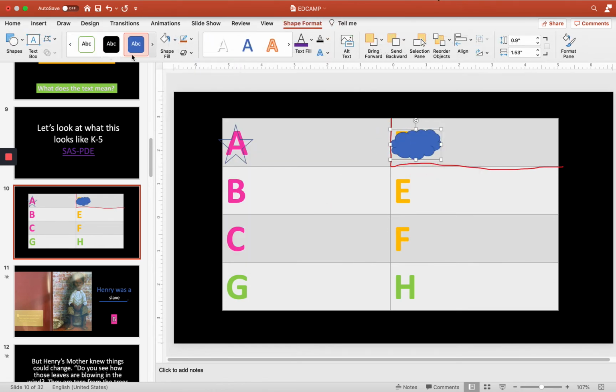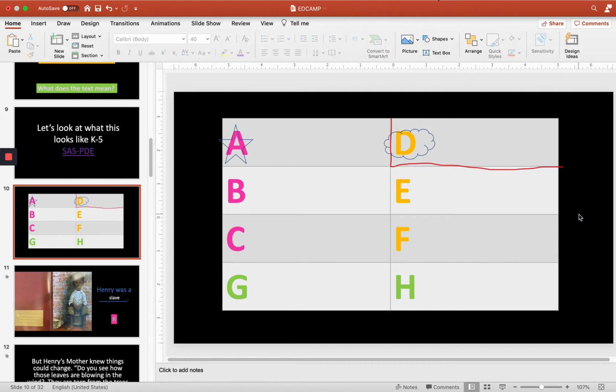And then your G and your H could have a different shape around it. So you could do a triangle if you wanted. However you want to code those for yourself. I color coded so it's easy for you to see.